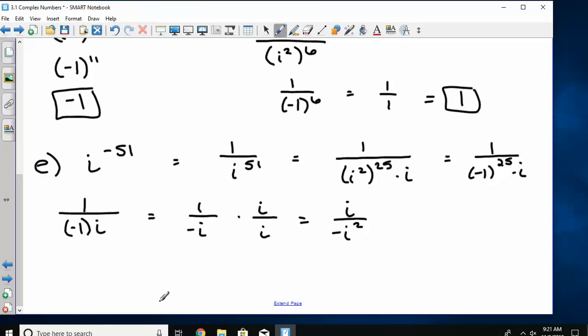So that's why it's a negative i down there. So if we multiply by i on top and bottom, negative i squared would turn into positive 1, so we just get i. So on those, if you have a negative power, you might have to end up getting the i off the denominator at the end, but your answers every time are 1, negative 1, i, or negative i.